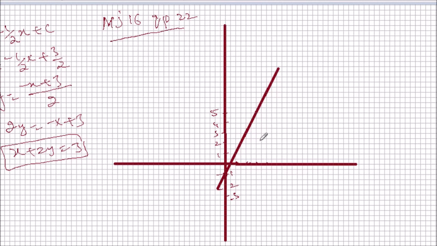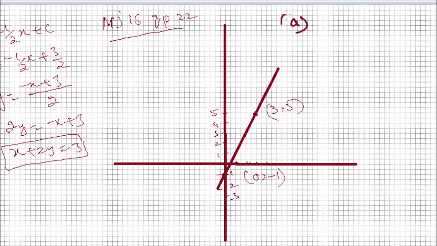One point is 3 and 5, and this point is 0 and -1. You can take any 2 points from this line. They say work out the gradient of the line L. Part 1. What is part 1?